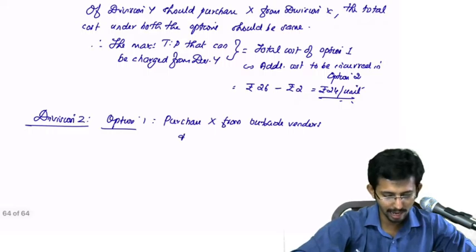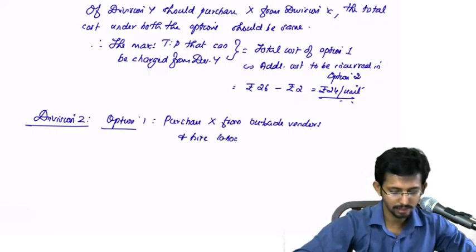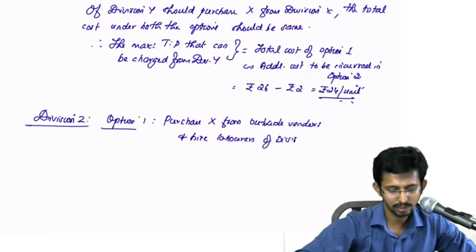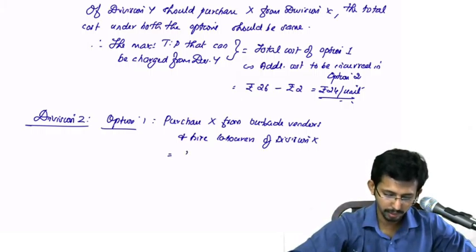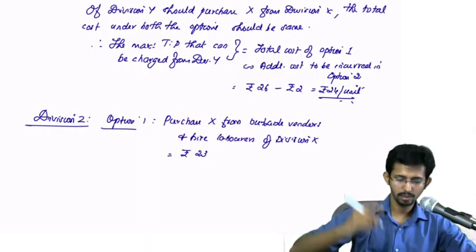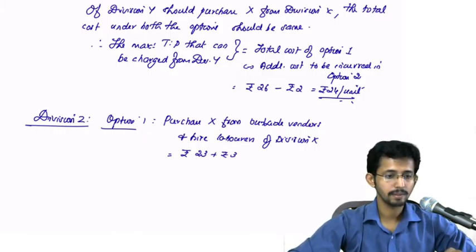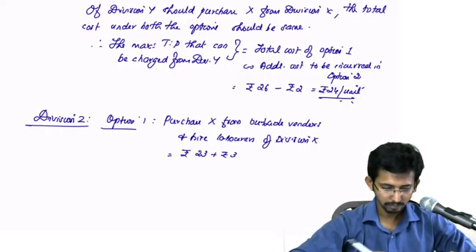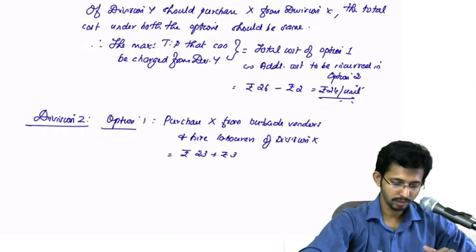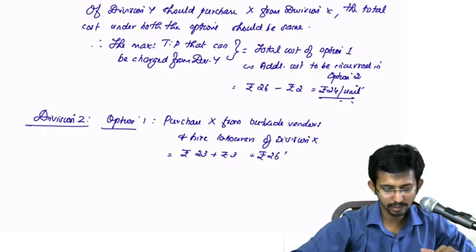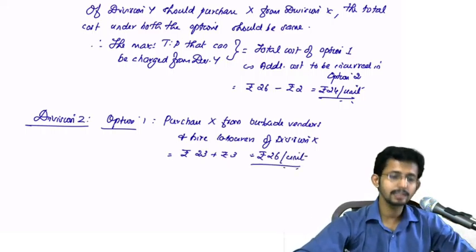So purchase X from outside vendors and hire laborers of division X. The cost will be rupees 23 plus rupees 3, which is equal to rupees 26 per unit. Is it clear? So this 3 is the inspection cost payable.